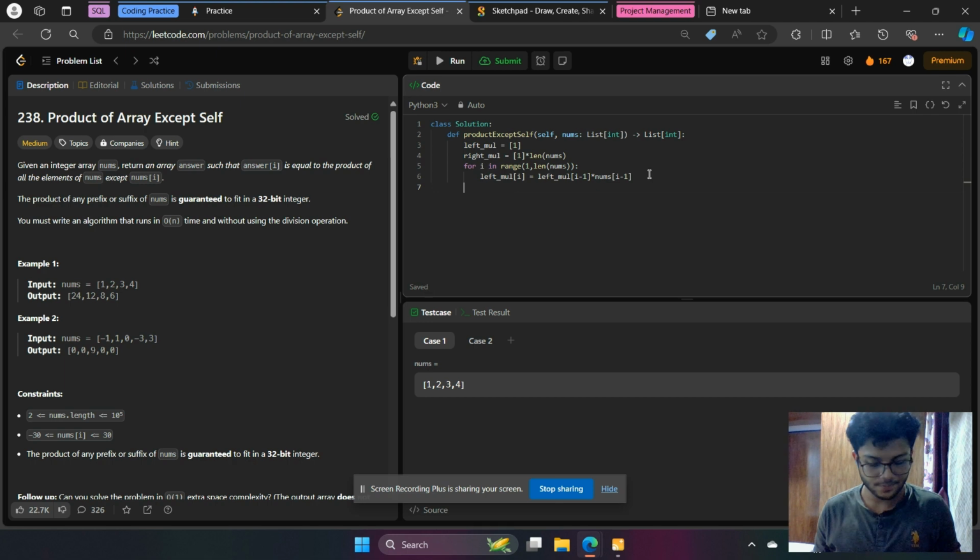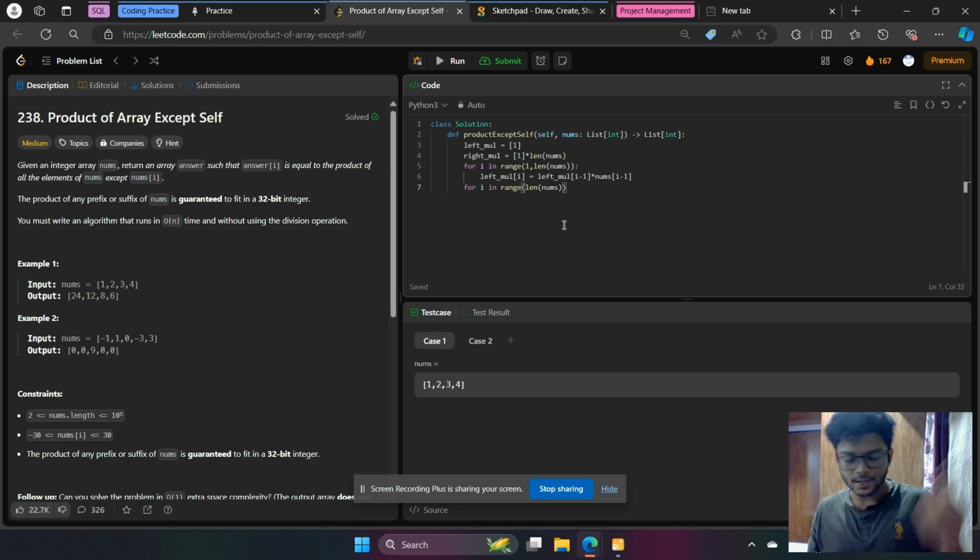Sorry, left mul array. I have to stop saying wala and Hindi slang and stuff. Len of nums. So the last element would already be filled. We have to start from the second last element, right? So len of nums minus 2 will go till the first element. This loop will run in reverse order, right?